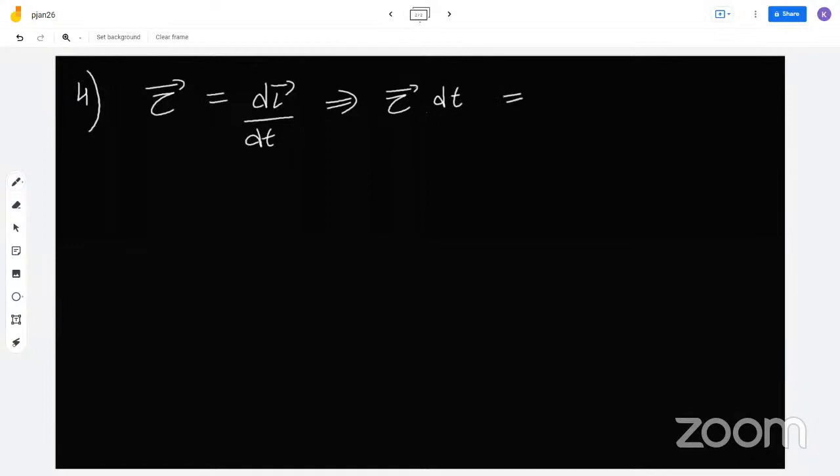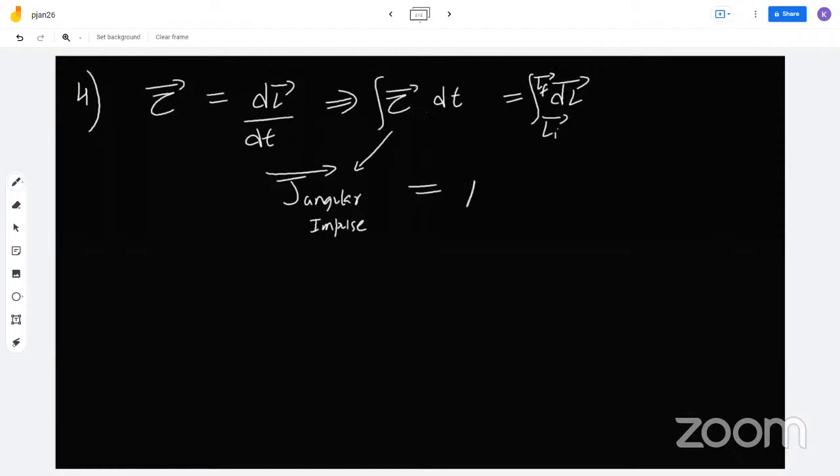Tau dt is equal to dL vector. Then you integrate this one, and we used to get J, the angular impulse, is equal to L final vector minus L initial vector.